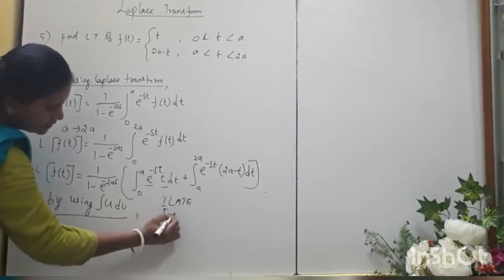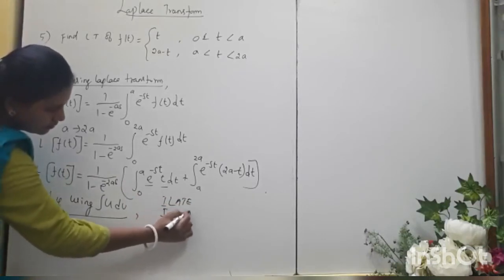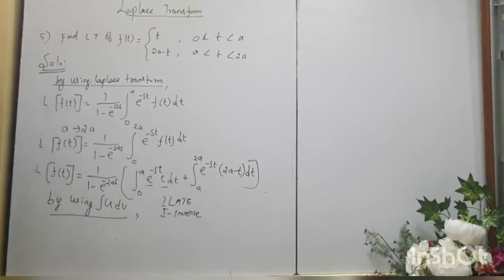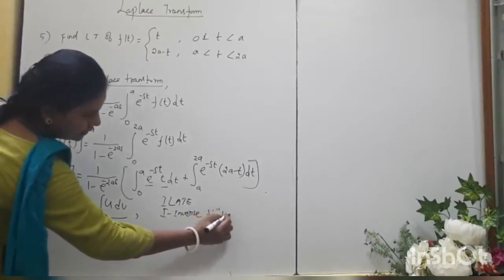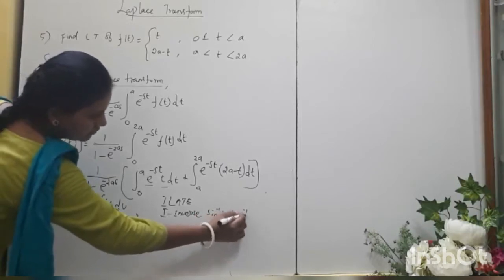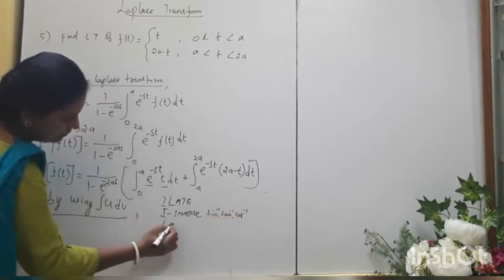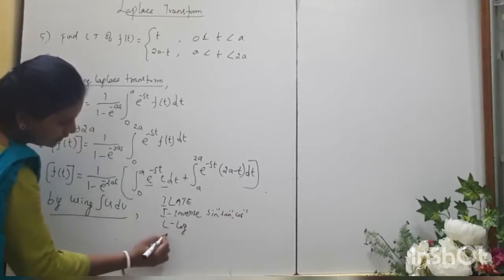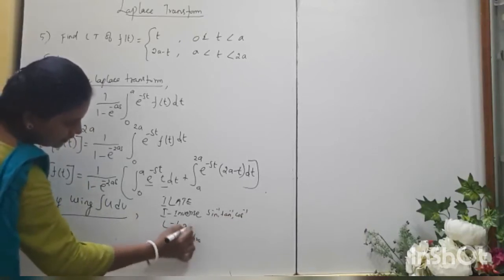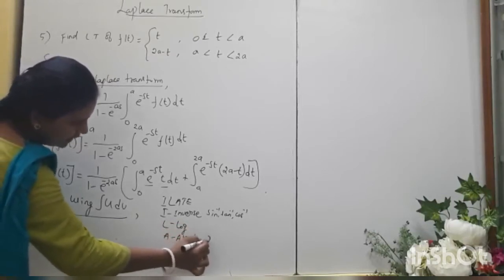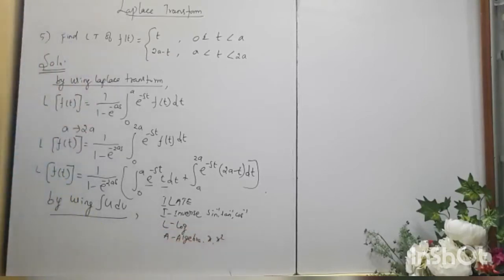I means inverse: sine inverse, tan inverse, cos inverse, like that. L means logarithmic, A means algebra, algebra means x square, like that.